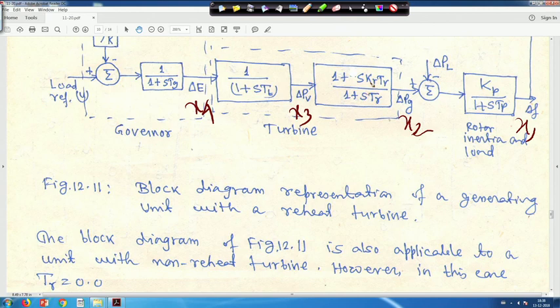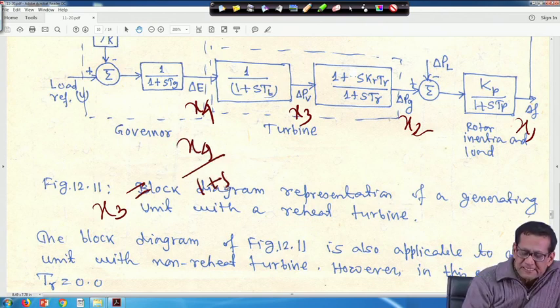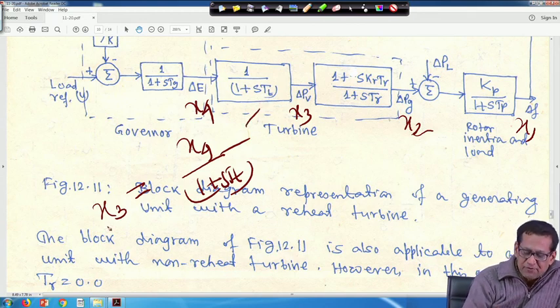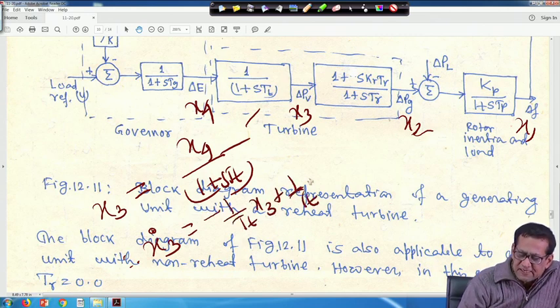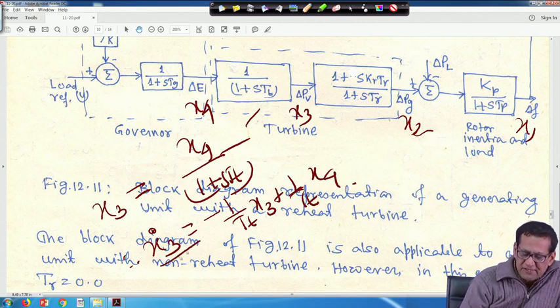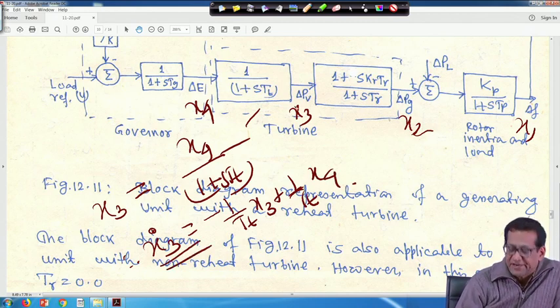So, first find out x3 dot. x3 is equal to x4 upon 1 plus S Tt, this block only. If you cross multiply, then x3 dot is equal to, because S into x3 is x3 dot, x3 dot will be basically minus 1 upon Tt x3 plus 1 upon Tt x4, right. So, x3 dot can be obtained from here.